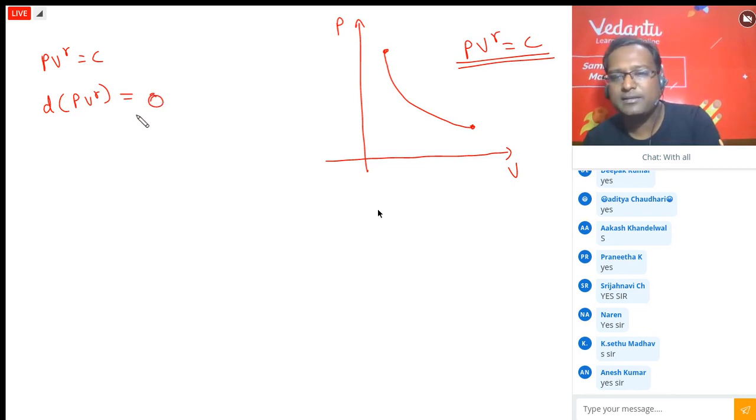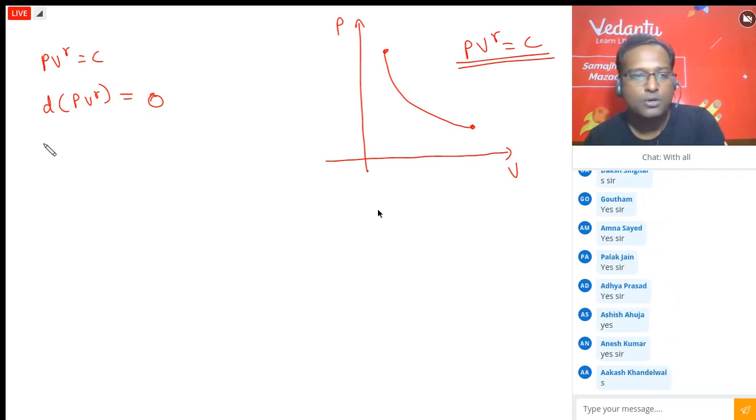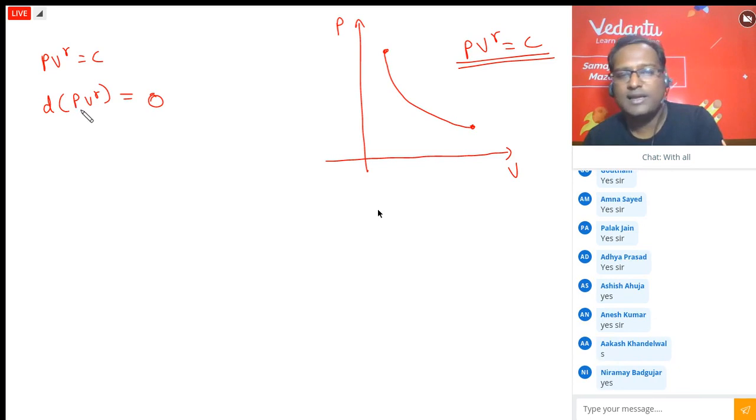So here I'm using by parts in P and V to the power gamma: differentiation of first into second plus first into differentiation of second.